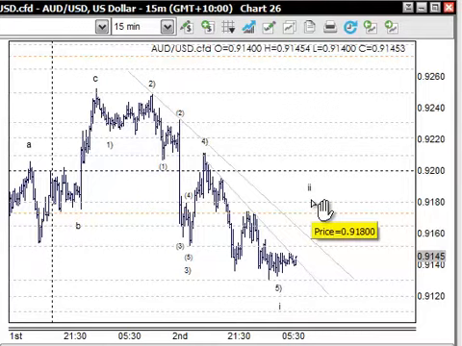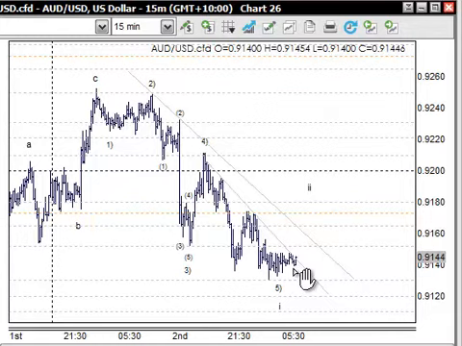But what we're looking for is a 3-wave price action up through there, something like an A and a B and a C. It may retest here, it may not. We just have to see how it pans out.